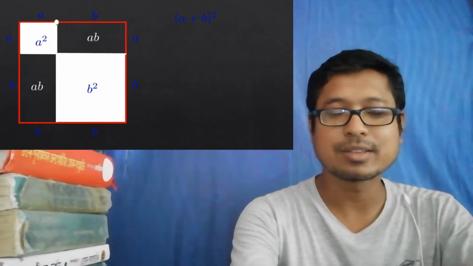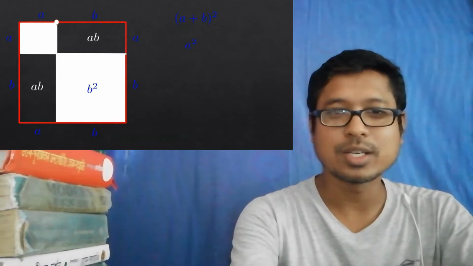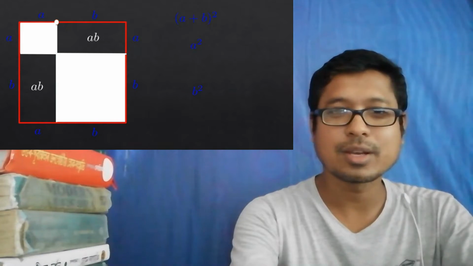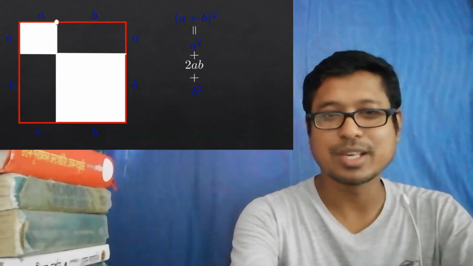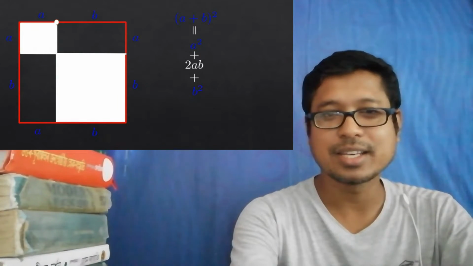So from here we can say (a+b)² is equal to a² plus b², and we have two rectangles of area ab, so it is 2ab. So we can say (a+b)² = a² + 2ab + b². Because of this we have this identity.